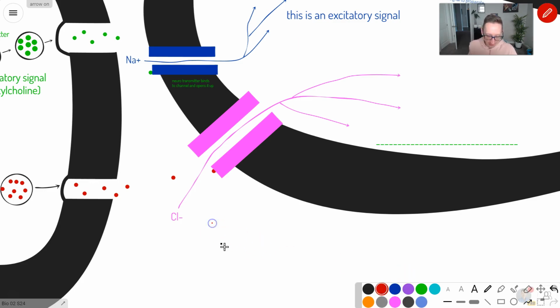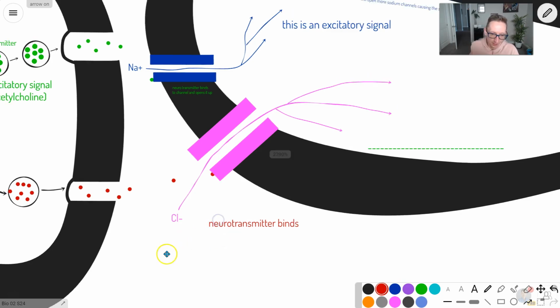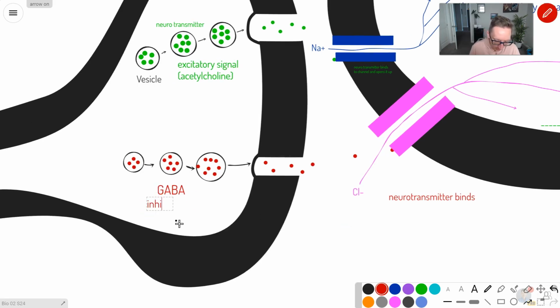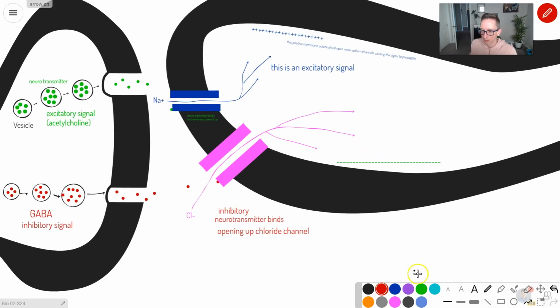So neurotransmitter binds. This would be an inhibitory signal. Neurotransmitter binds, opening up the chloride channel, which results in further establishing, really making the inside of the cell negative.